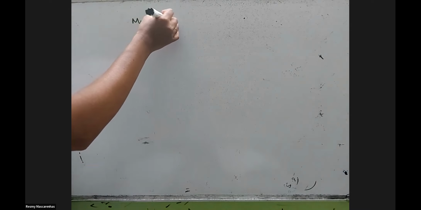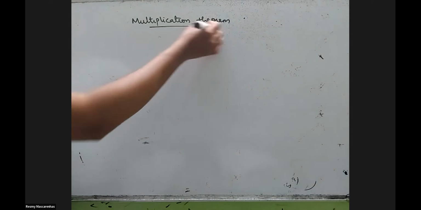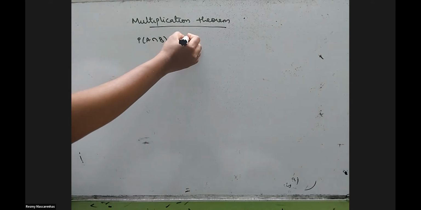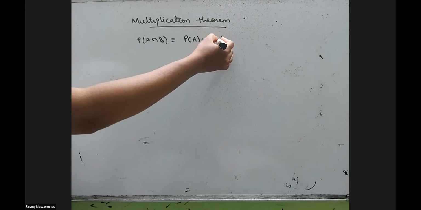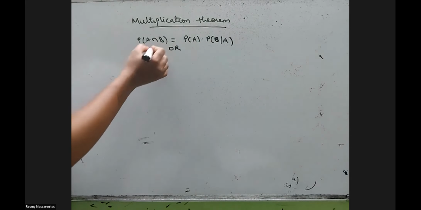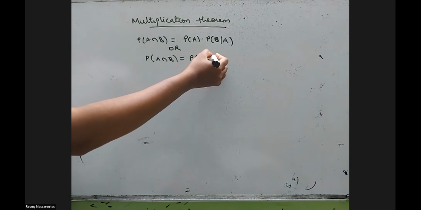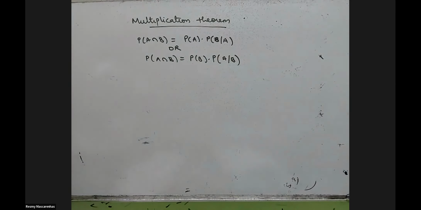In the previous class, we had done the multiplication theorem. What it says is P of A intersection B for independent events can be P of A times P of B. For dependent events, P of A intersection B can be used as P of B given A, times P of A. So these are the two ways the formula can be used.